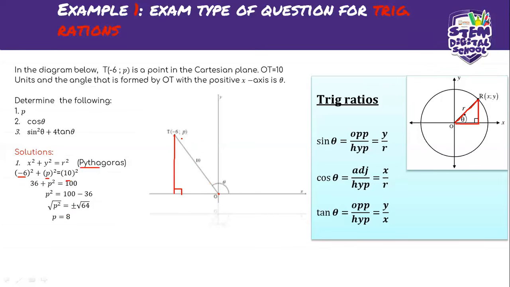We all know that in the second quadrant, Y is always positive. Hence, we have our value of P equals 8, right?